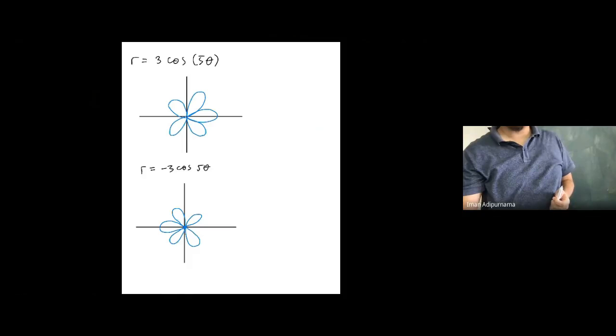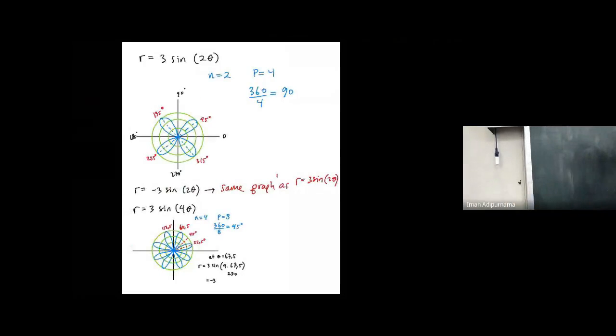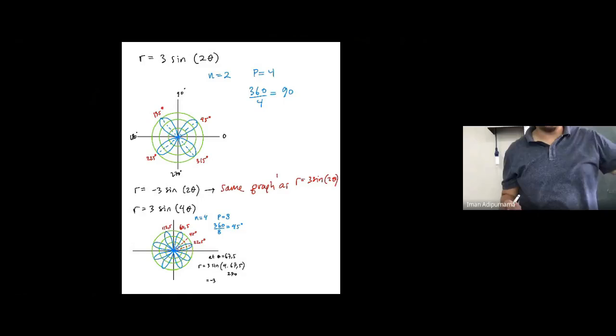Let me move on to another. This is the even petals for sine. Let me move to cos, because for cos we already did the drawing before. Let me repeat that: 3 cos 2 theta. Let me start with the 2 theta.